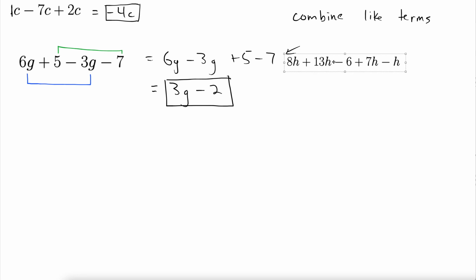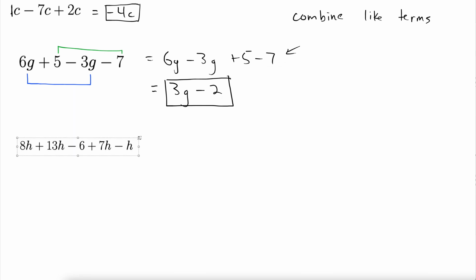Okay, let's try this example. We have 8h plus 13h minus 6 plus 7h minus h. Getting a little more complicated, but no big deal. Again, there's no coefficient in front of this h here, so remember that's just a 1 hanging out there.